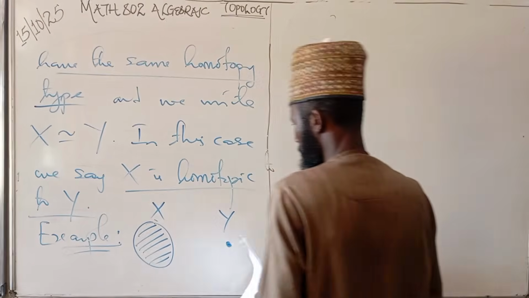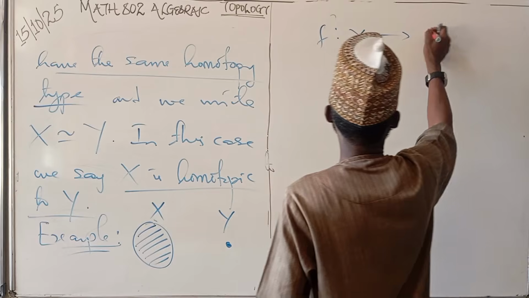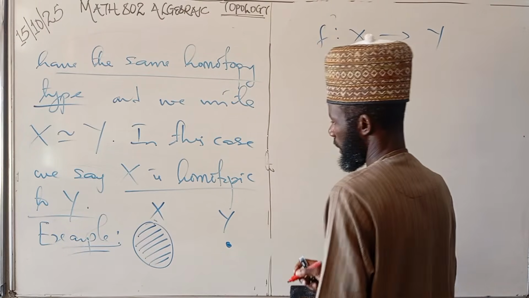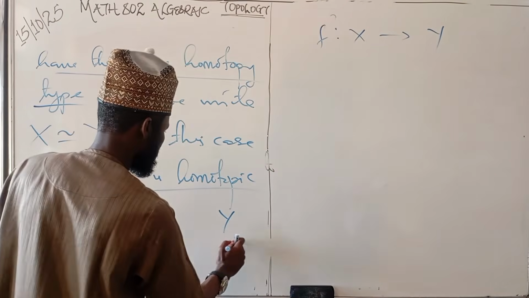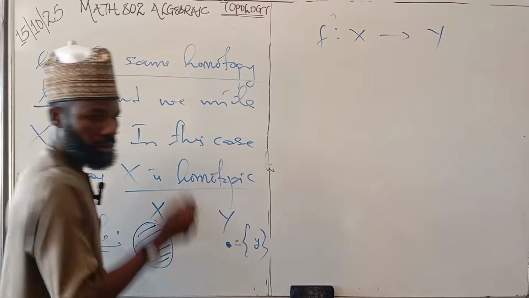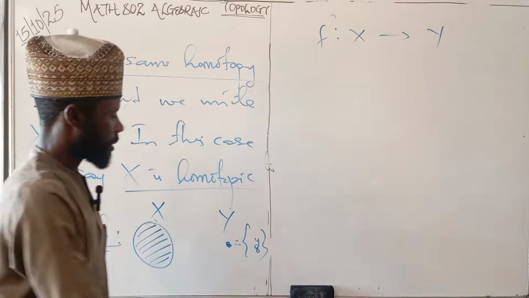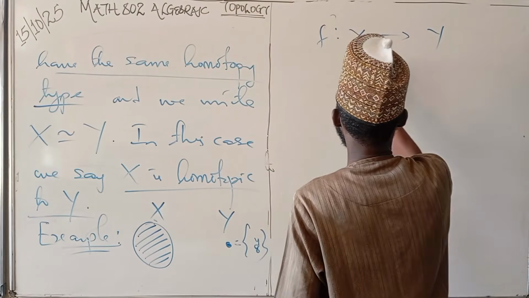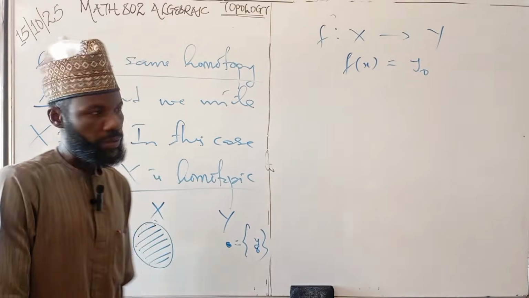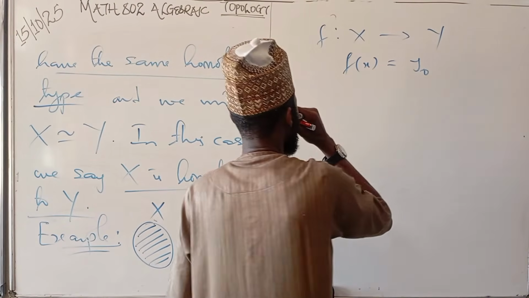How can you do it now? So you can define F from X to Y. This Y is a space with one single point, Y0, and this X is a space of many points. So if you take any X here, you map it to the only point in Y. I hope it's okay.